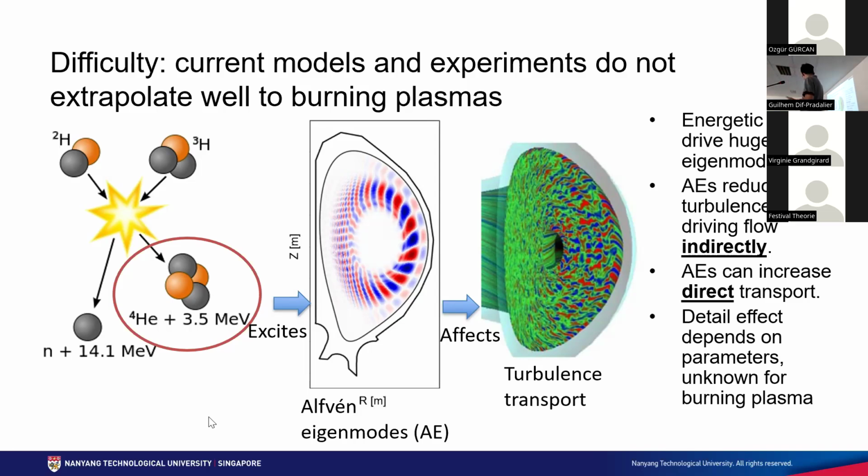The story is that these fast particles will interact with the turbulence in many different ways. One of the ways that people have been looking at in recent years is the interaction between waves that they have excited and the turbulence background. This particular wave is called the alpha negative mode, a kind of fluid eigenmode.